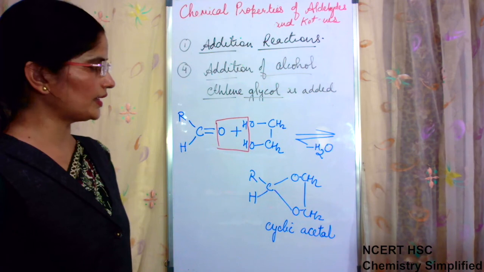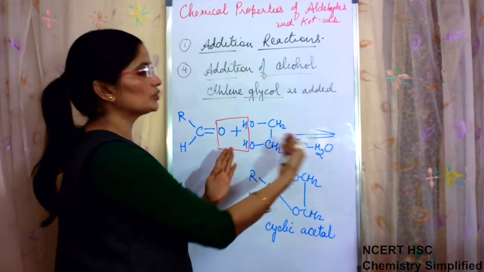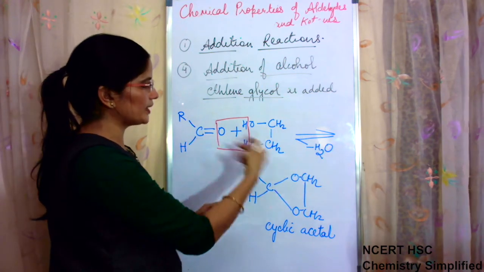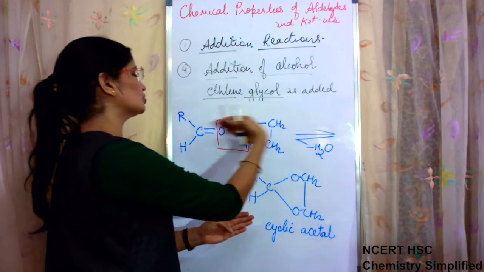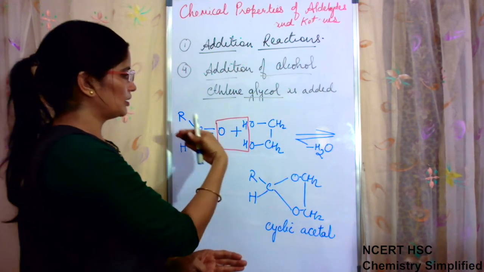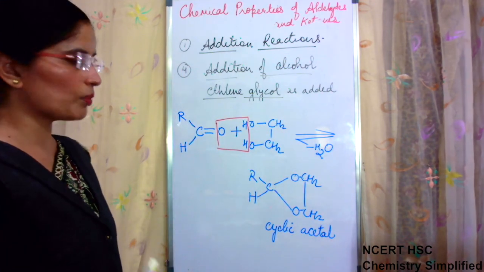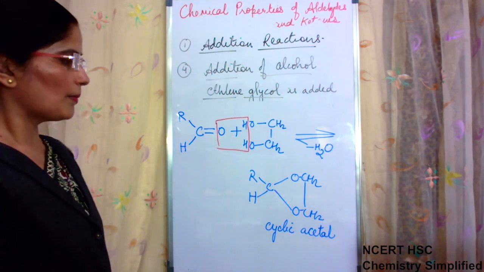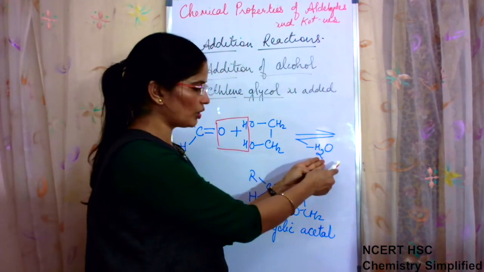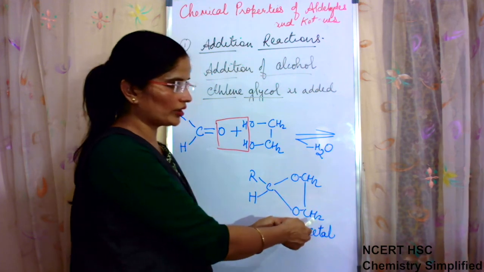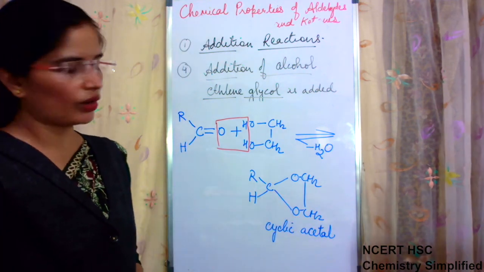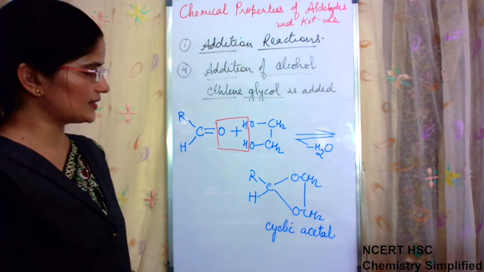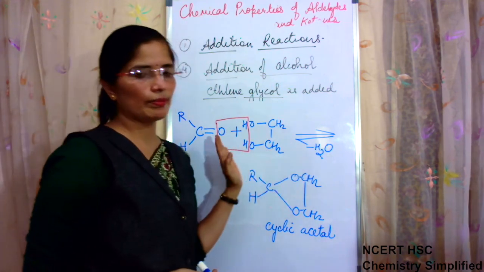This shows that if we want to move the reaction in the backward direction, from product back to the reactants, this is possible in these reactions. Here water was lost, so addition of water in the presence of acid can move the reaction in the backward direction.